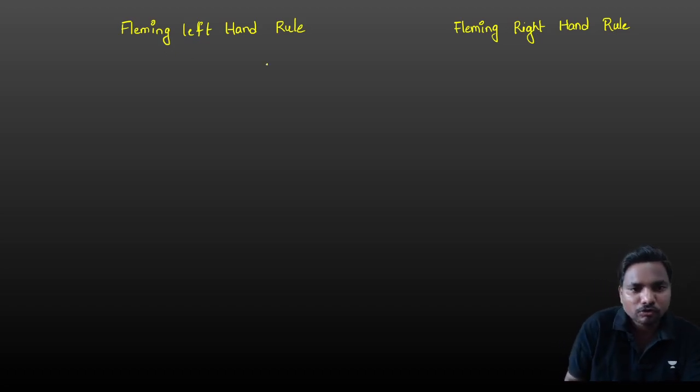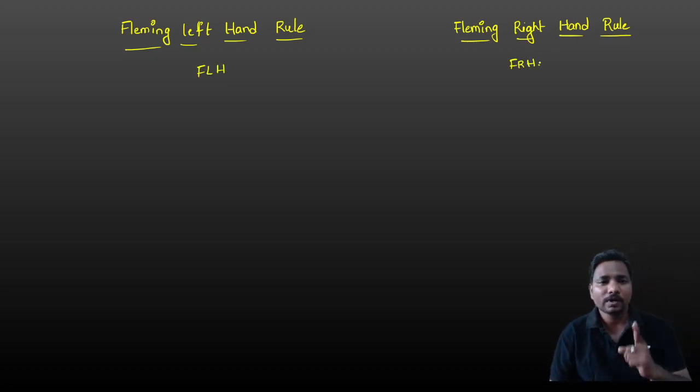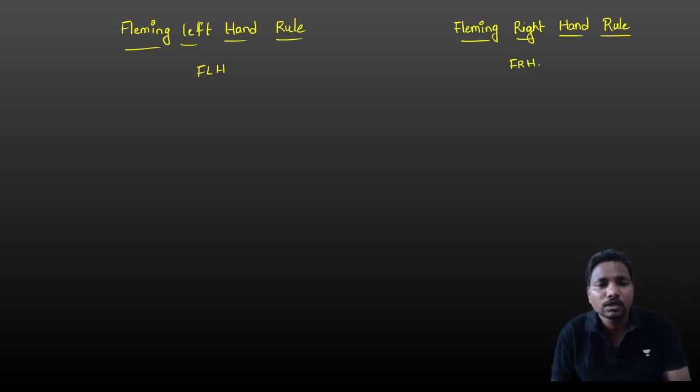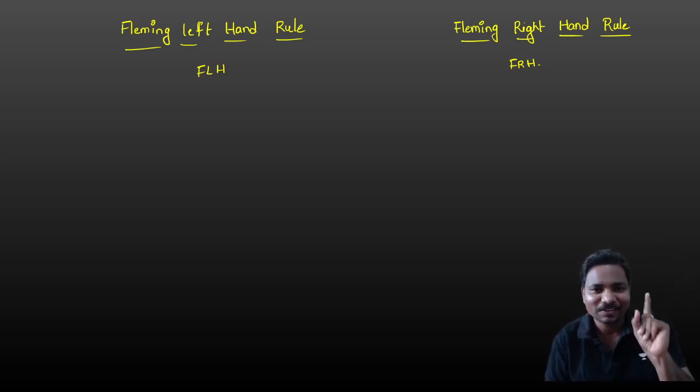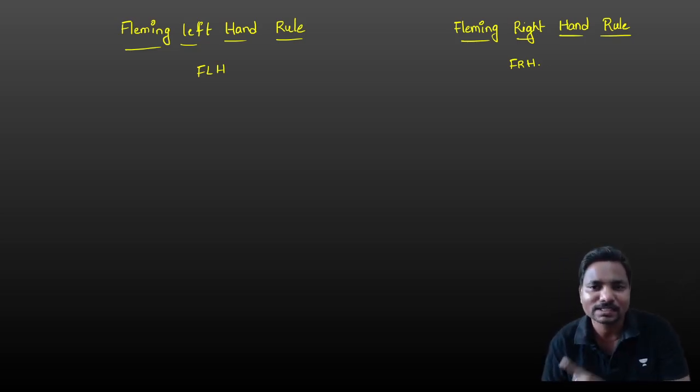Okay, so Fleming's left hand rule and right hand rule. So many students have confusion with Fleming's left hand rule and right hand rule. It is very simple, guys. Here one important thing is that in both the left hand rule and the right hand rule, the indication of fingers is the same.